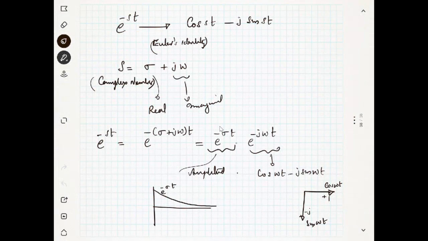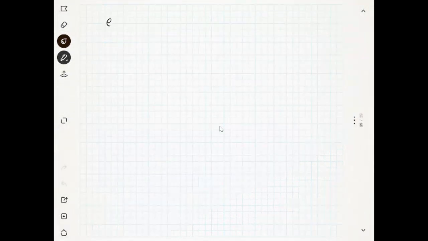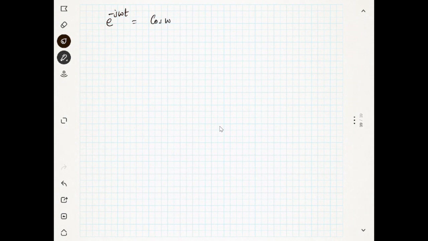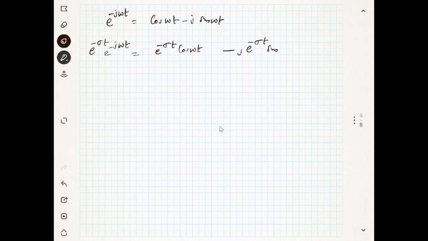Now, e power minus j omega t is nothing but cosine omega t minus j sine omega t. So e power minus sigma t into e power minus j omega t is equal to e power minus sigma t into cosine omega t, minus j times e power minus sigma t into sine omega t.